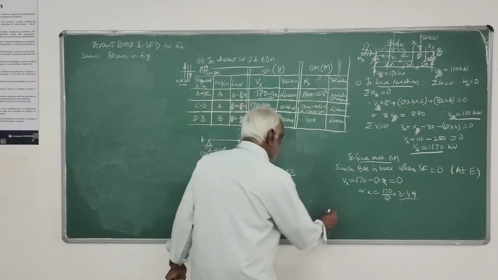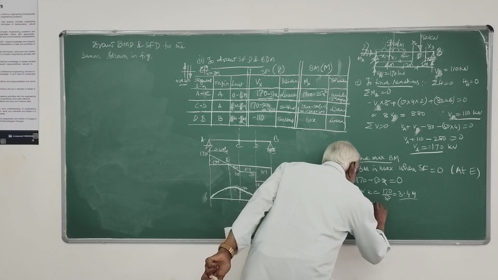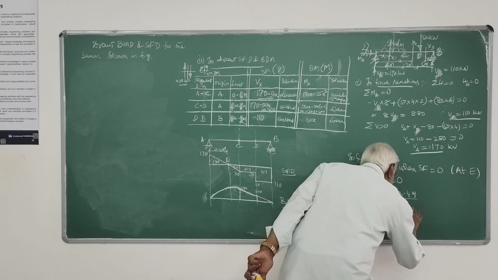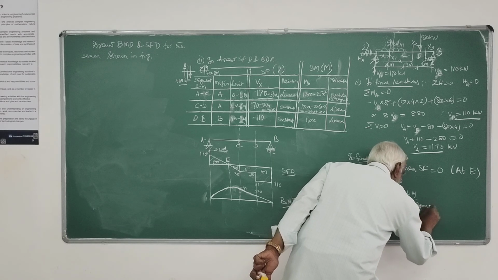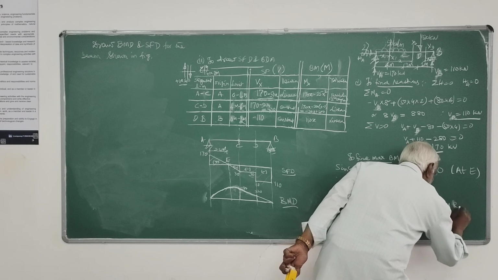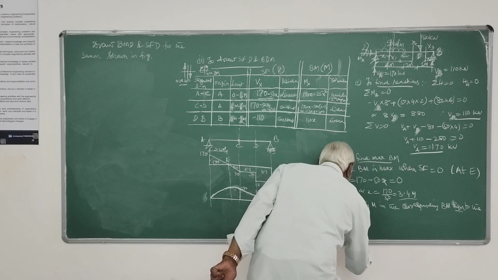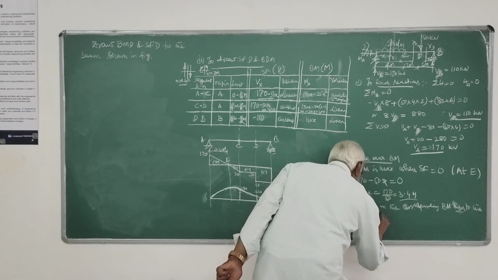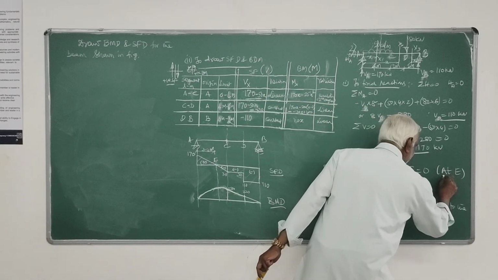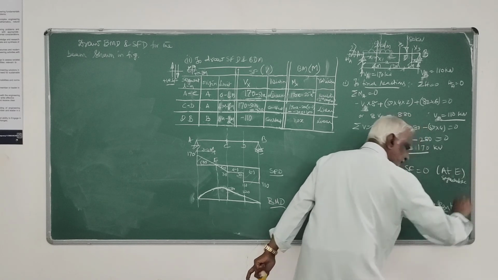Put x equals 3.4 meters in the bending moment equation for the segment AC.